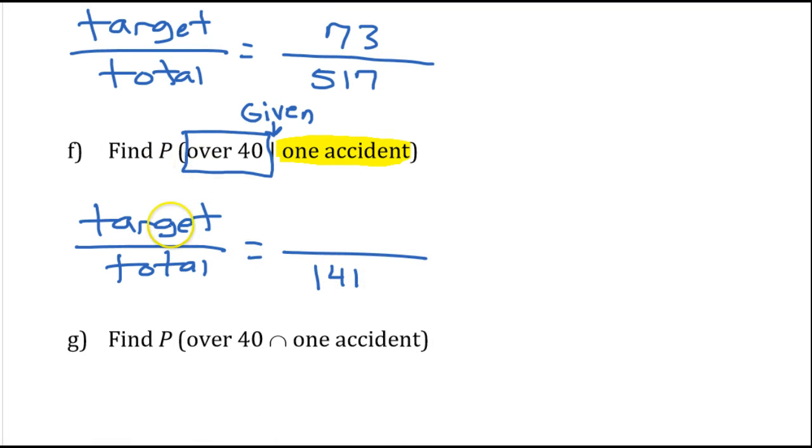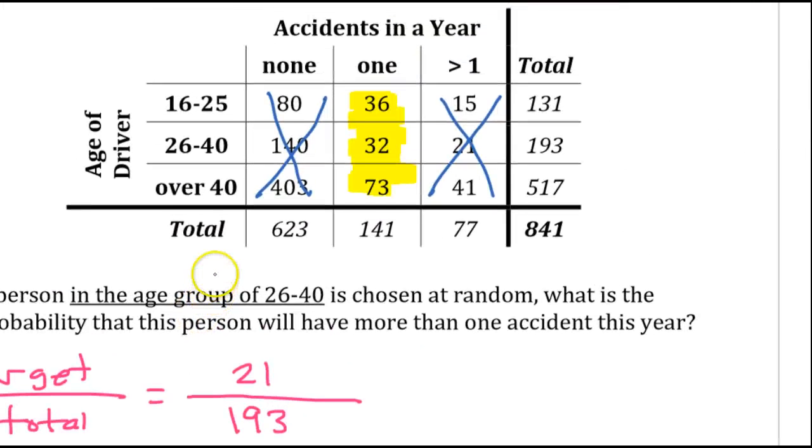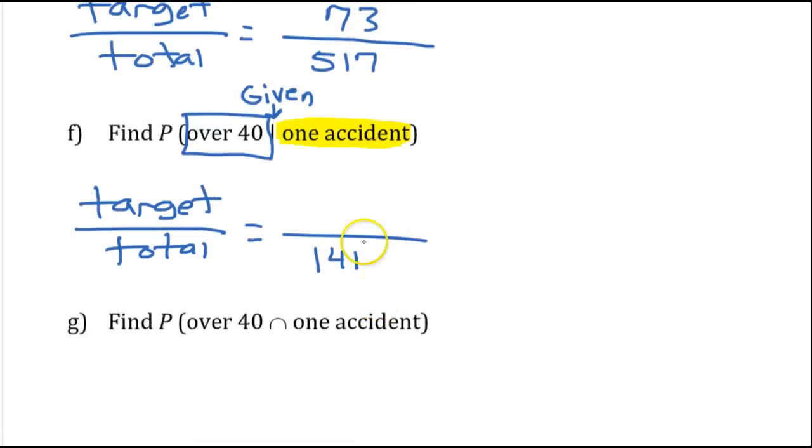Now, the target is being over 40. That's what we're trying to find the probability of. See, these are the over 40 people, 73 of those. That's why the probability is 73 over 141.